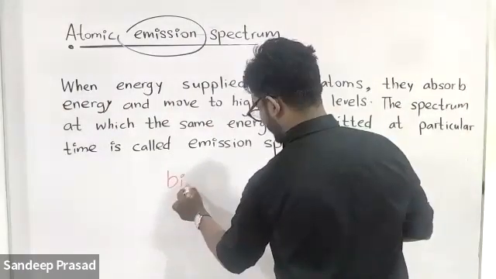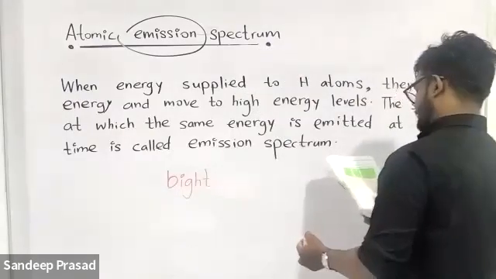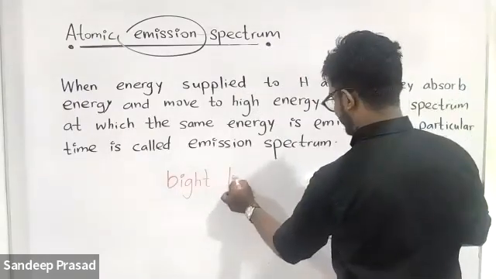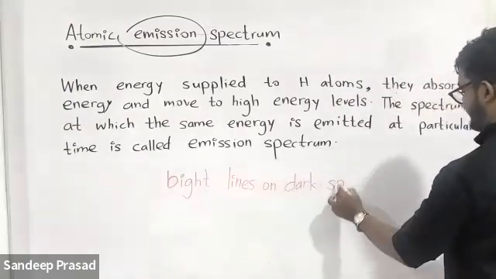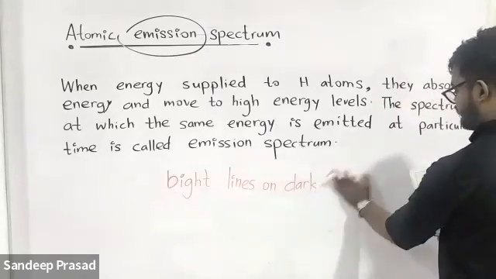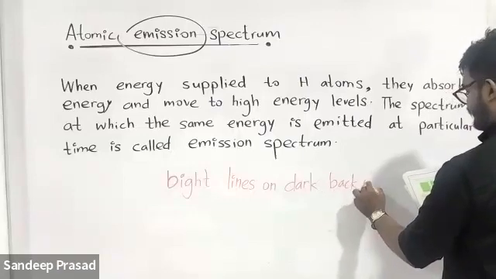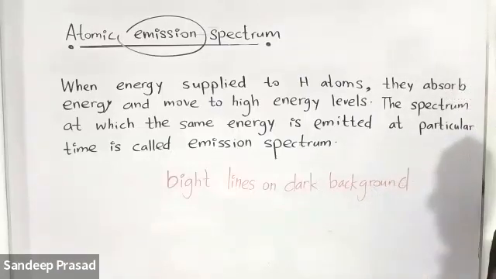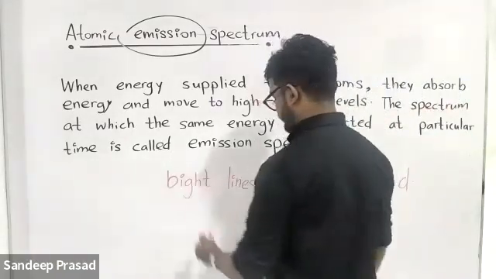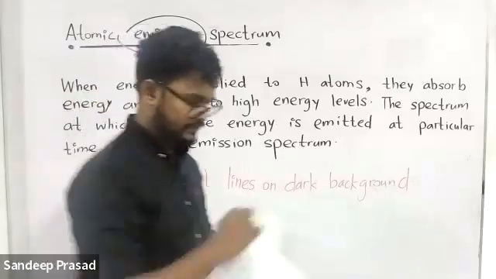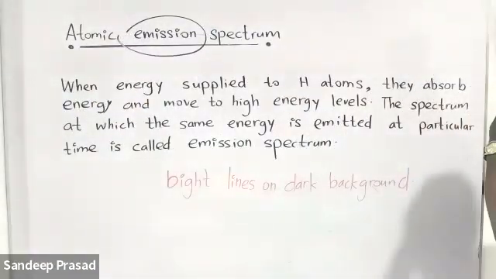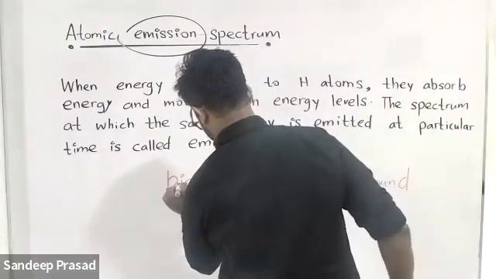The bright lines represent the emitted energy radiations, and the dark background represents the absorbed energy, that means the missing radiations absorbed by the hydrogen atoms. Bright lines on a dark background.